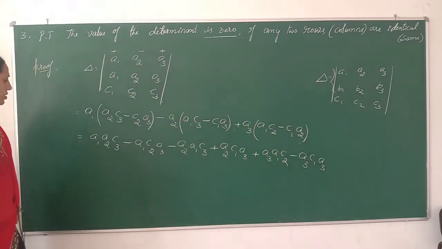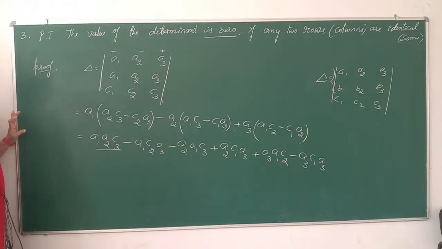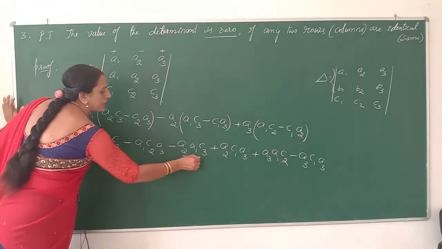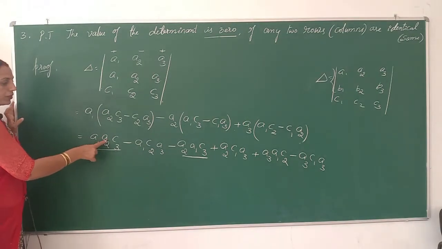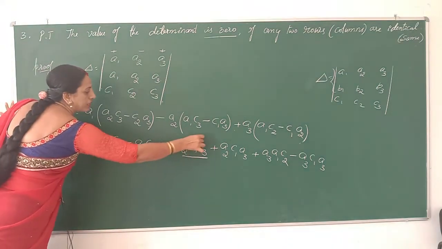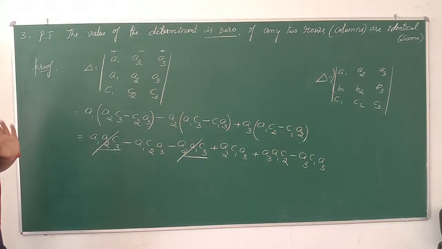Then we check which elements are in the form of plus a1 a2 c3. Another one is minus a2 a1 c3, that is a1 a2 c3 and a1 a2 c3. One of them is positive and another one is negative, so both get cancelled.